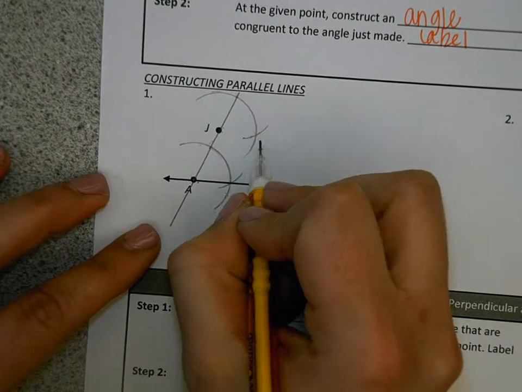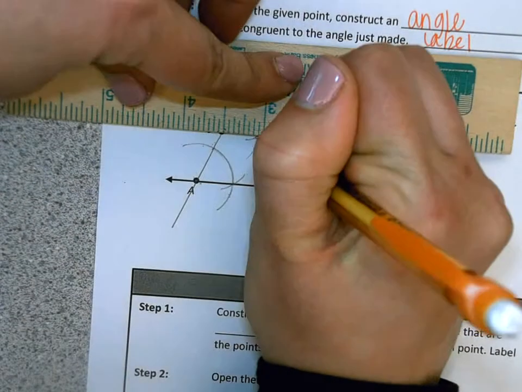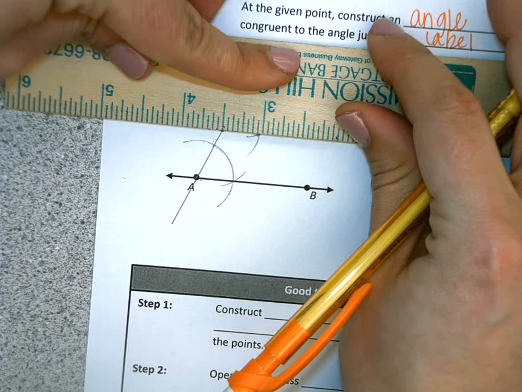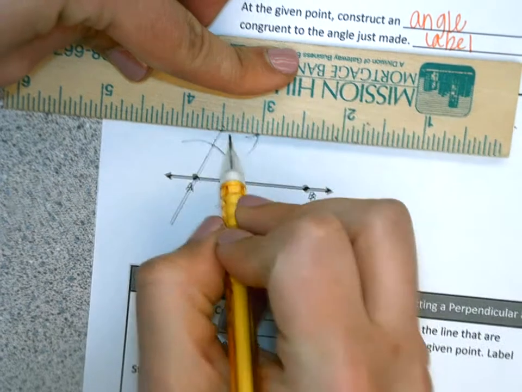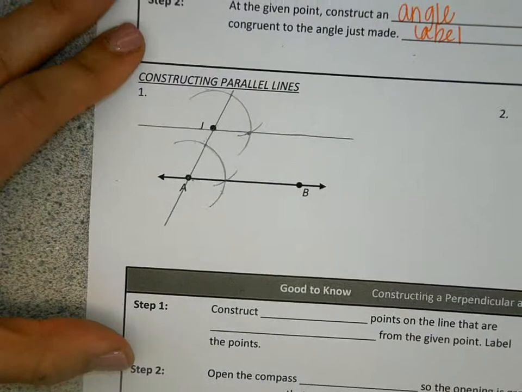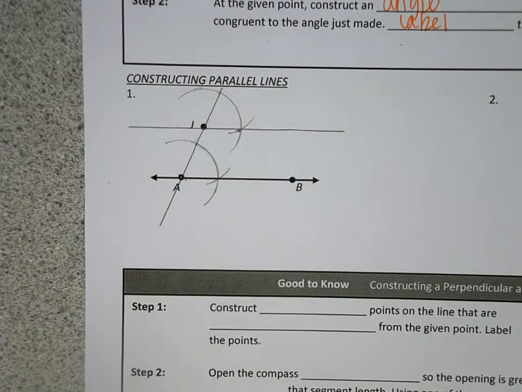So through this intersection point and point J we draw the line, and it should come out parallel to line AB.